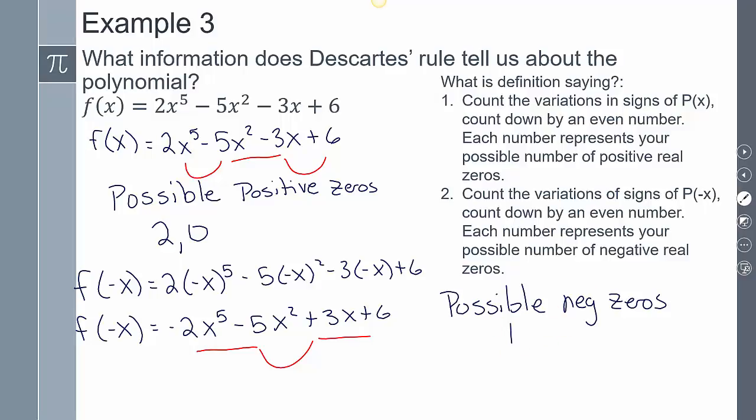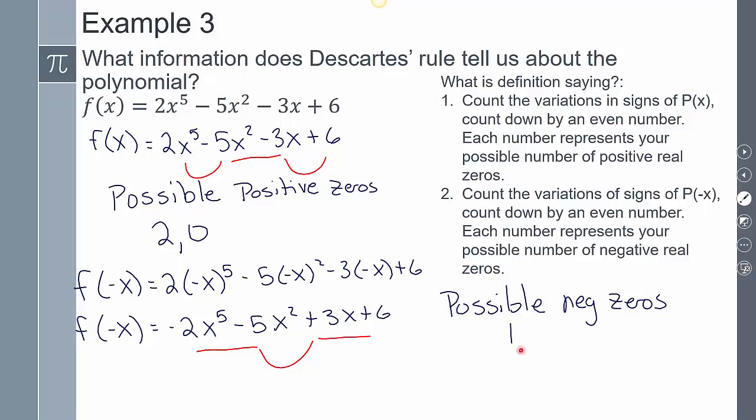Now how do I interpret this information? If I have my p's over q's, there's a chance that 2 of those p's over q's are positive, or none of them are. Or another way of thinking about it, if I look at it on a graphing calculator, there's a chance that it's going to cross my x-axis twice, or it's not going to cross it at all.